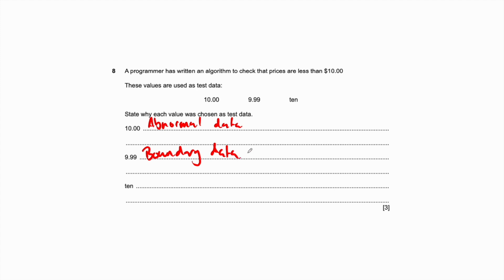Okay, and the last one, 10. I would probably call this erroneous data, but I know that Cambridge is not a fan of this term. It doesn't crop up all that often, so I'd probably say something like it would be rejected, or wouldn't be accepted.